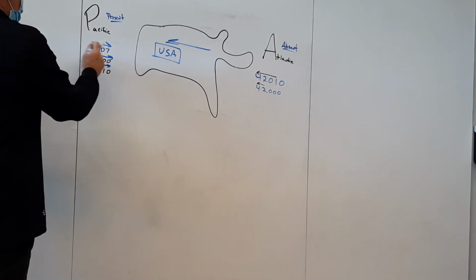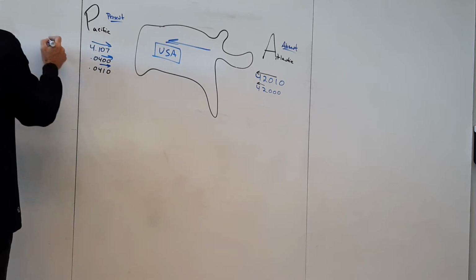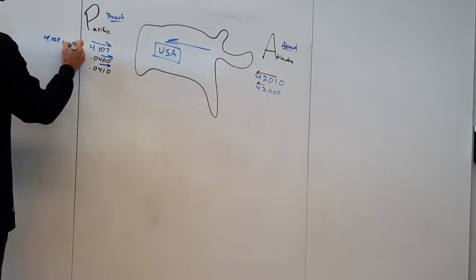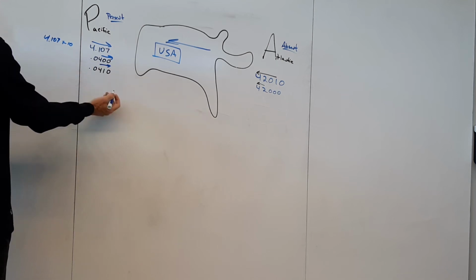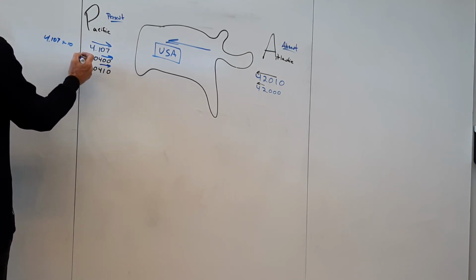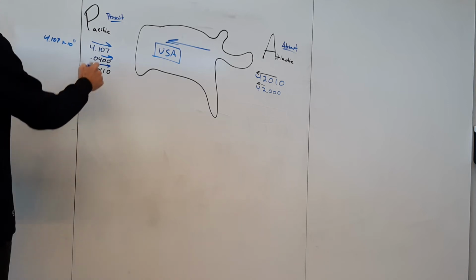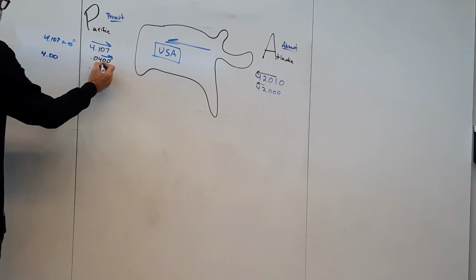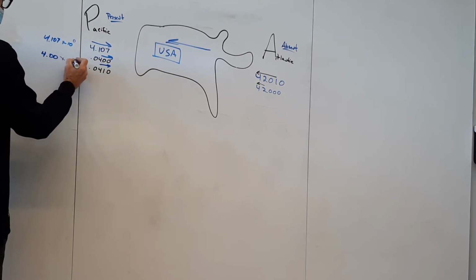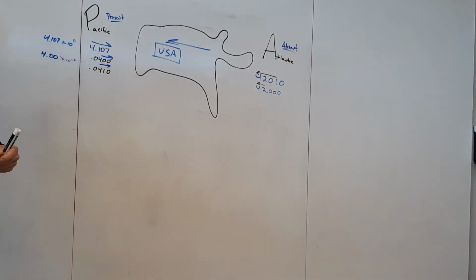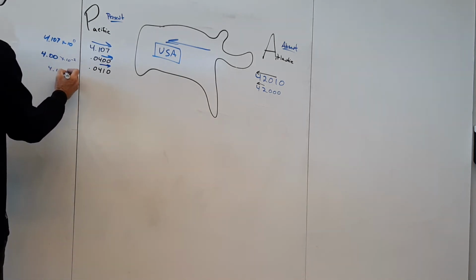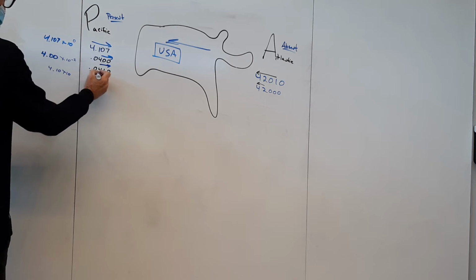This number right here is going to be 4.107 times 10 to the 0. This one, 4.00, I'm moving it right here, times 10 to the minus 2. This one, 4.10 times 10 to the minus 2.